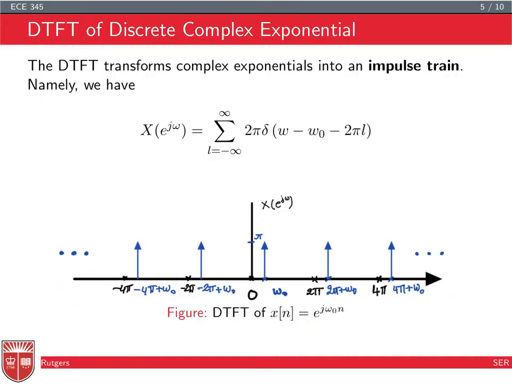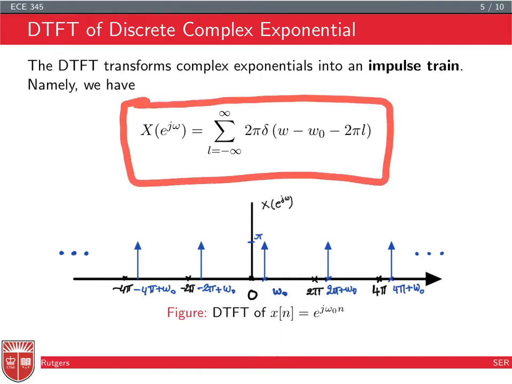So here I have again the result that I mentioned, which is the DTFT of a complex exponential. Now if you want to write it in a formula, you will get the following formula for the DTFT of an impulse at ω equal ω0.